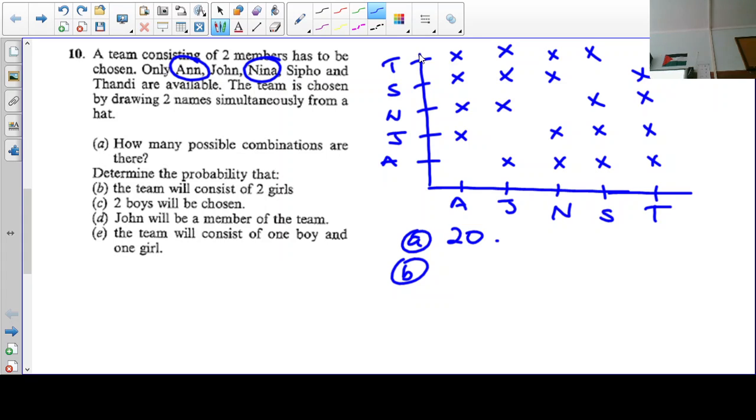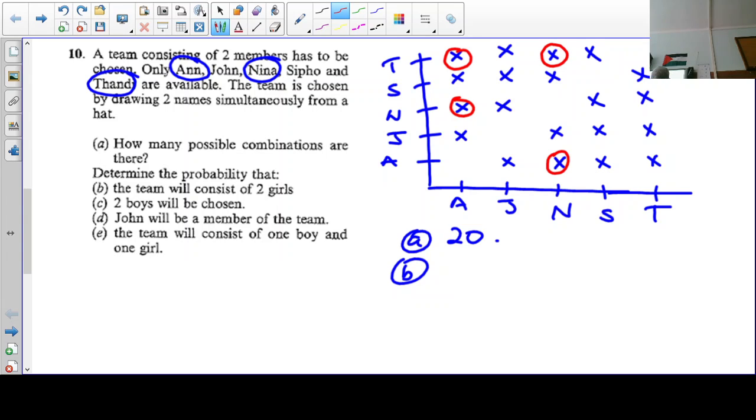Right. So if you say the team will consist of 2 girls, so Anne is a girl, Nina is a girl, and Tandi. So in other words, I need to check with Anne and Nina, Anne and Tandi. Nina and Tandi.